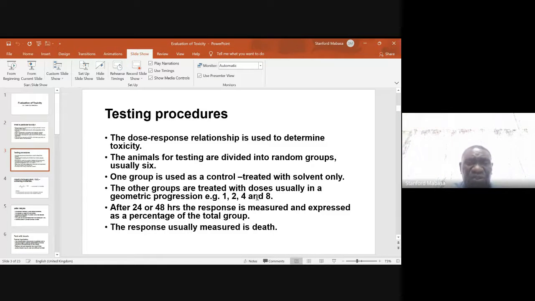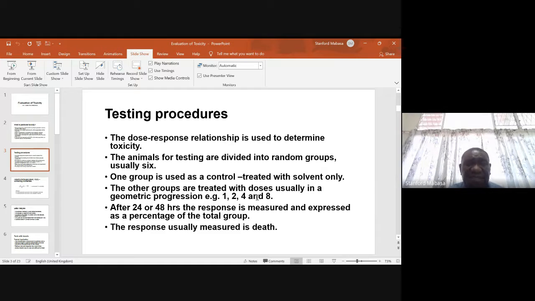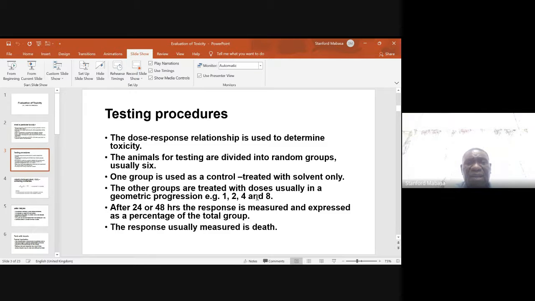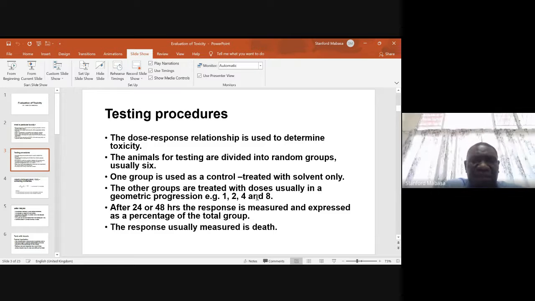Now, we want to just briefly look at the testing procedures. I'll briefly explain what really happens, because this data on LD50s is obtained by conducting some experiments. What we want is to obtain what they call the dose-response relationship.